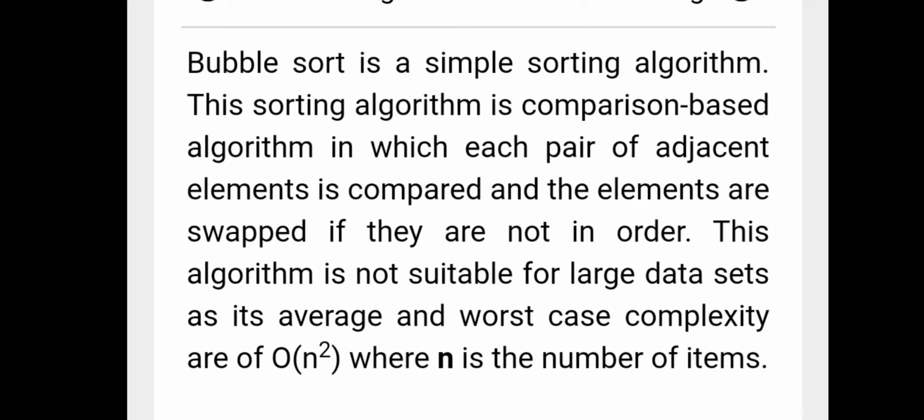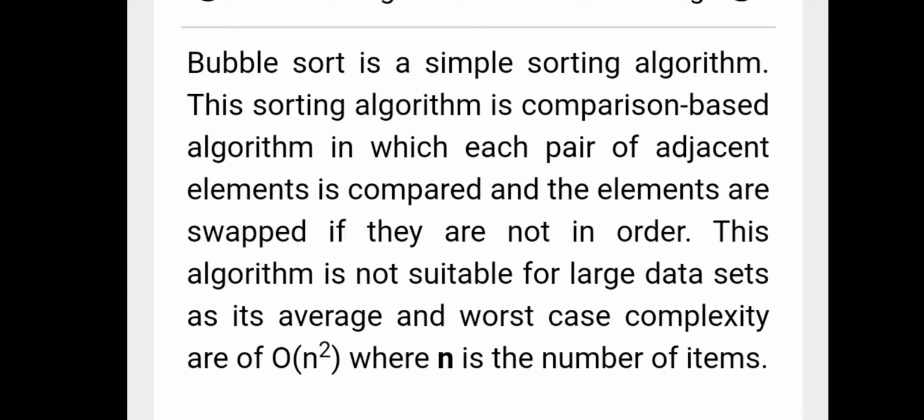This is not suitable for an array of more elements, because the worst and average case complexity of bubble sort is order of n square. So this sorting algorithm is used for an array consisting of fewer elements.